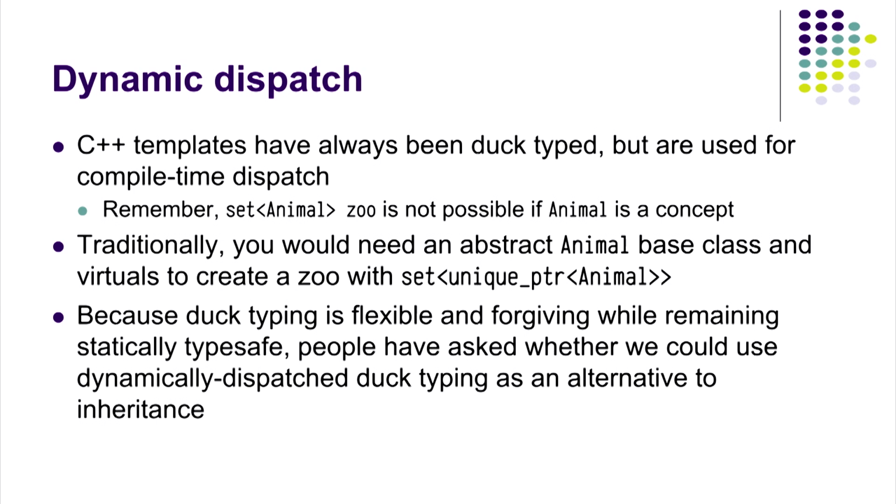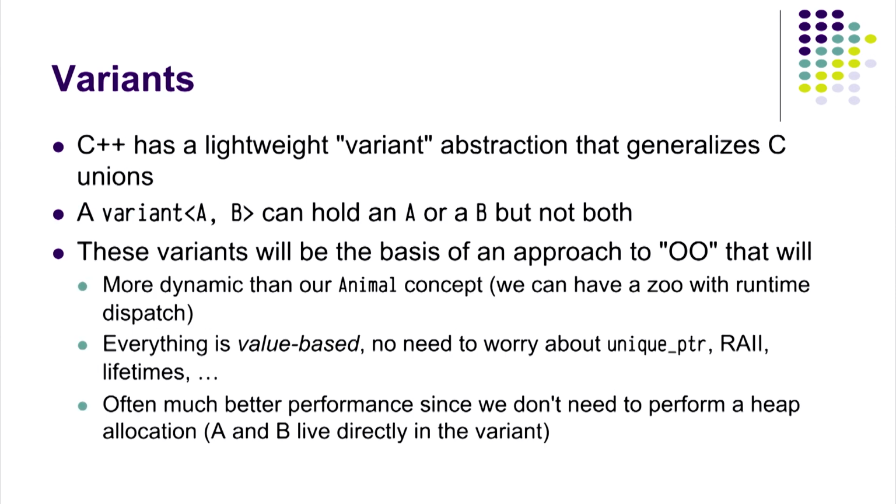So because duck typing is flexible and forgiving while remaining statically type safe, people have asked whether we could use dynamically dispatched duck typing as an alternative to inheritance and virtual.